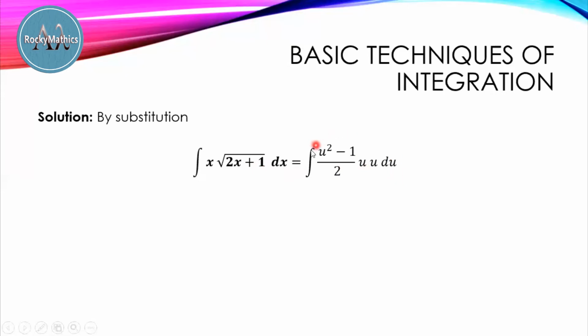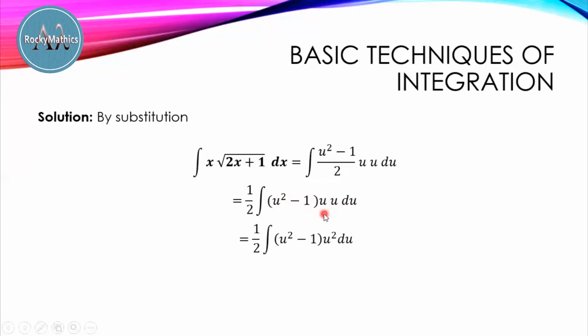If we look at this one, we have written an integrand which is in terms of u already. Simplifying this one, since this is over 2, we multiply 1/2 to this expression. And since 1/2 is constant, we write it here. So we have 1/2 times the integral of u squared minus 1 times u du.